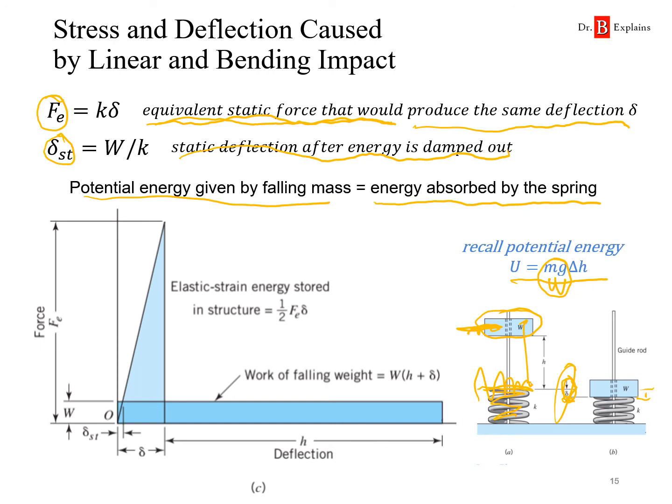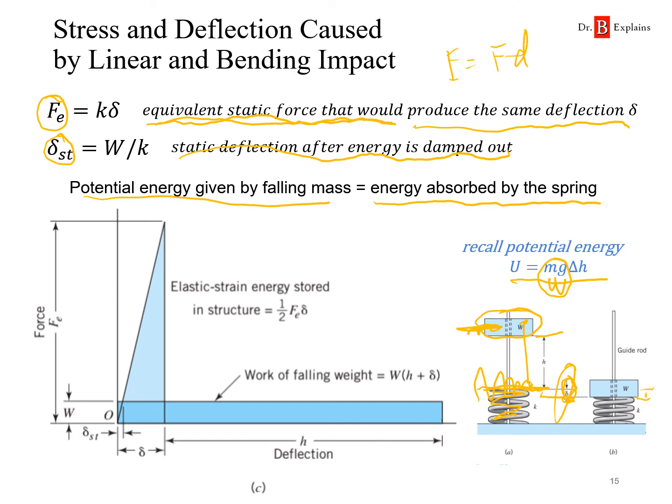the height that the object is dropping is not only H over here, but notice when it drops, it doesn't stop right here. It also causes a little bit of deflection, delta, so that the total drop is H plus this delta. So if we want to calculate the energy, remember energy is just force times the distance.